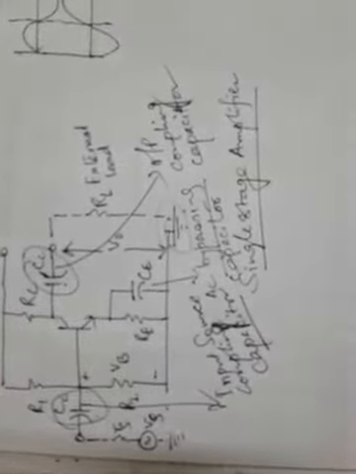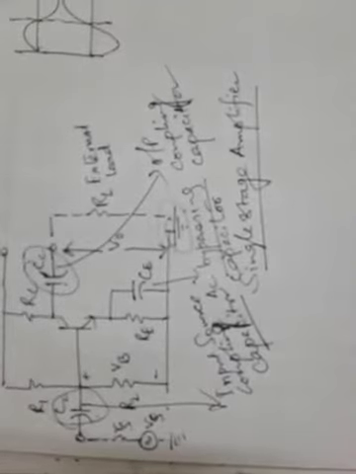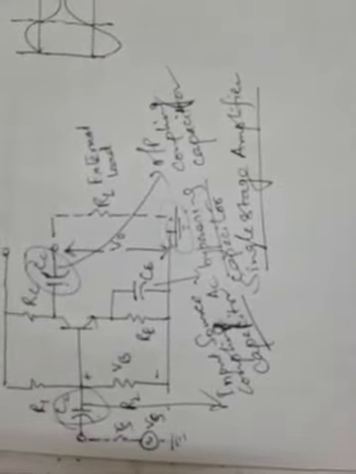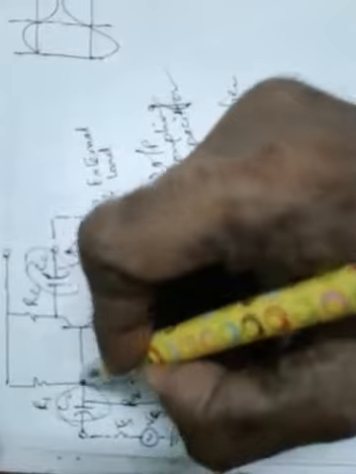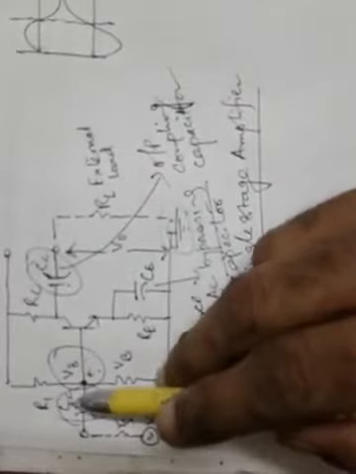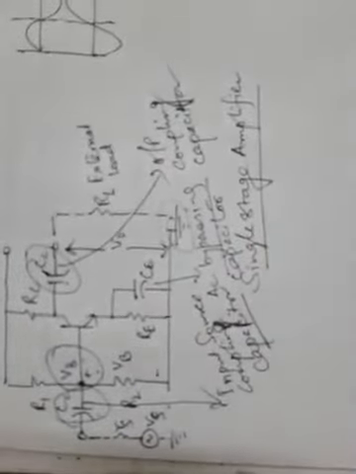The positive terminal of this capacitor is connected to VB, because this node voltage is VB, at a positive voltage, not grounded, so this plate is straight, not curved.